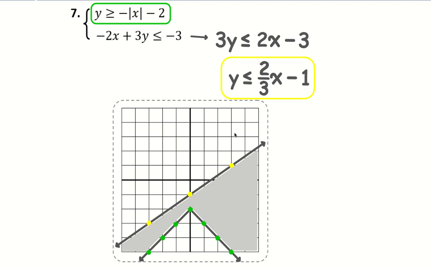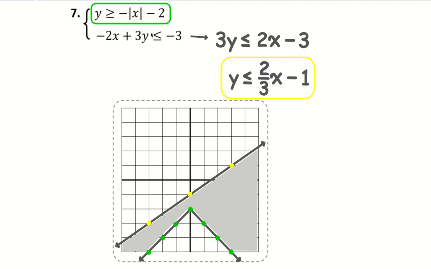But that negative basically means the V is upside down. And it's a greater than or equal to, which means your V is solid because of the or equal to, and because of the greater than we shade up. So the very light shading at first would have been above the V.